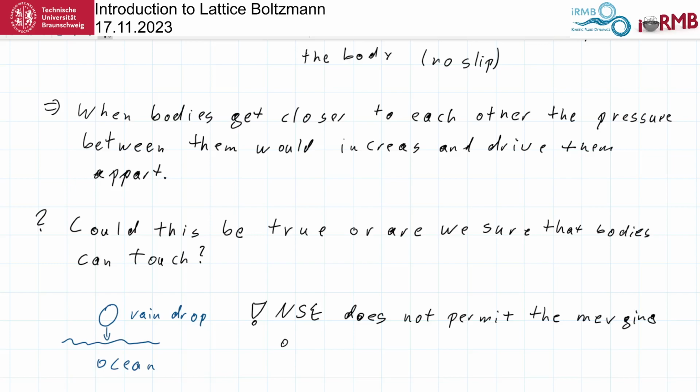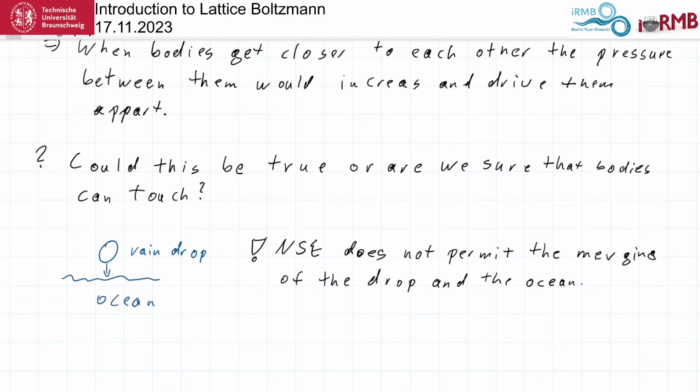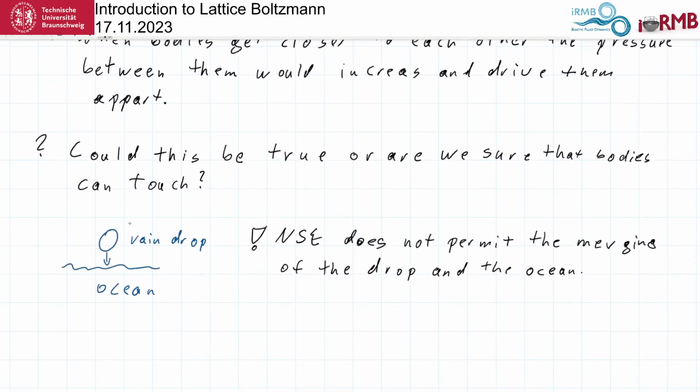By the way, when you simulate a raindrop in OpenFOAM, they will merge. Why so, even though it's the Navier-Stokes equation? Because they have finite resolution.